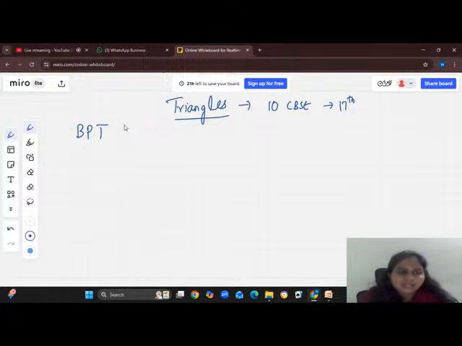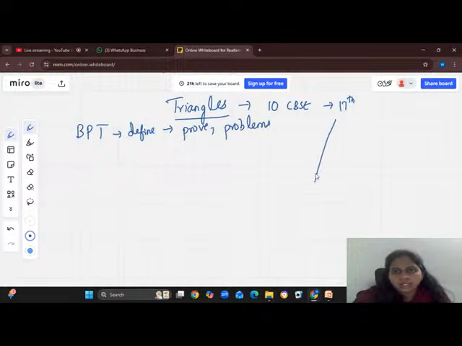They might ask you to define BPT, or they might ask you to prove it. This is a direct question, and sometimes you also get problems on this theorem. What is this theorem? I just want to make it very simple because of lack of time.